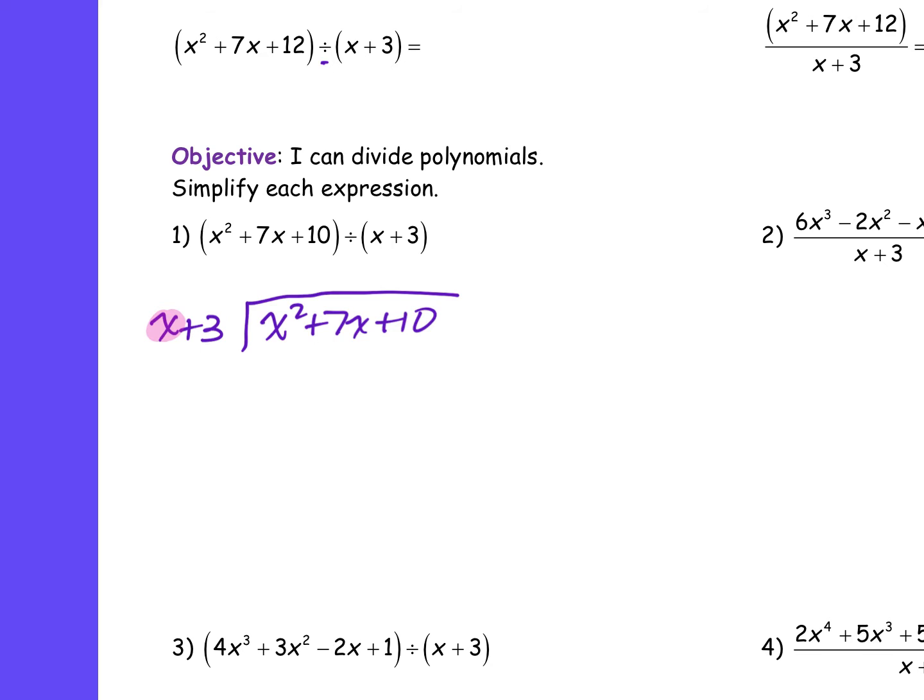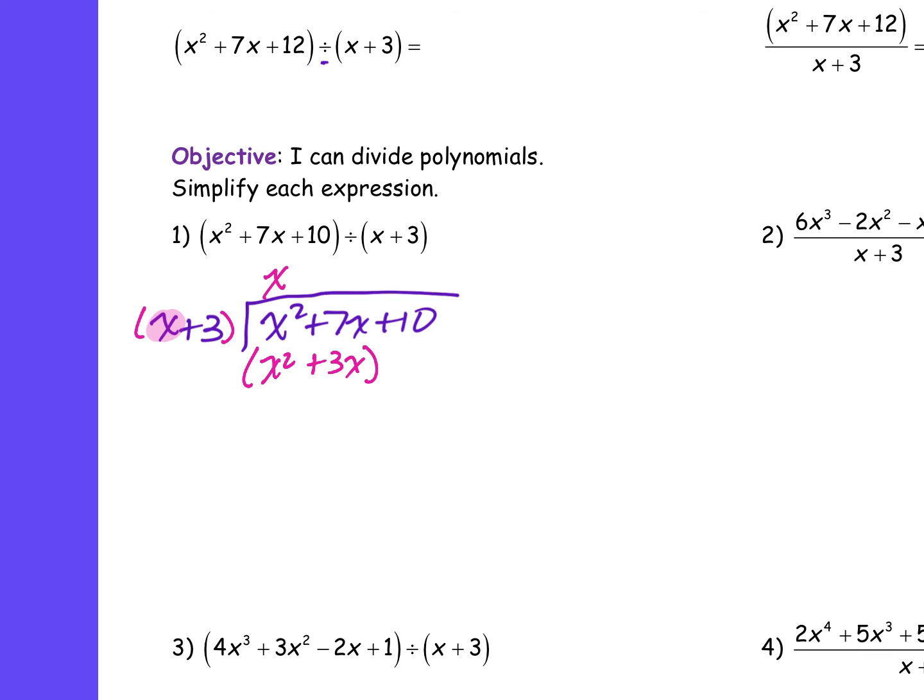So x times what gives me x squared? X. Now I'm going to multiply that x times my divisor, x plus 3. So x times x is x squared, and x times 3 is 3x.